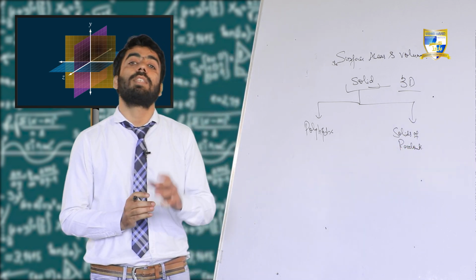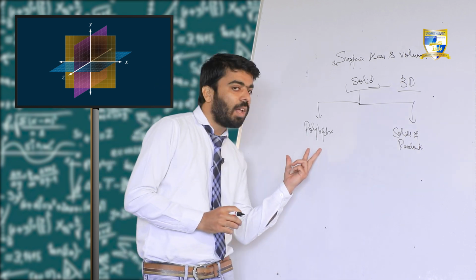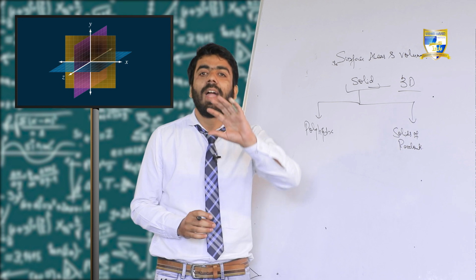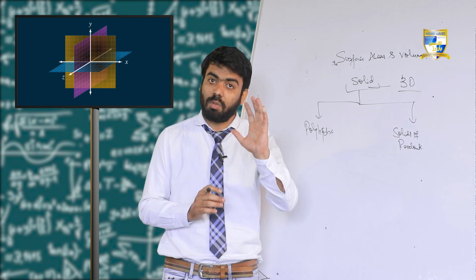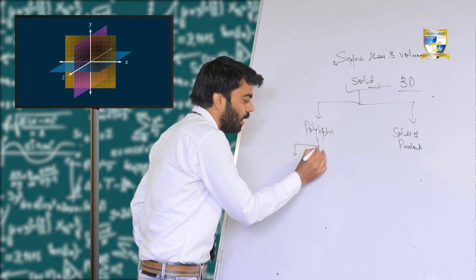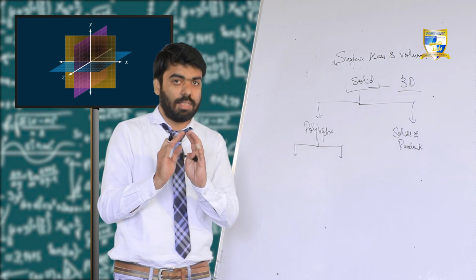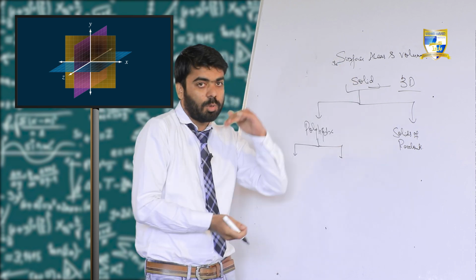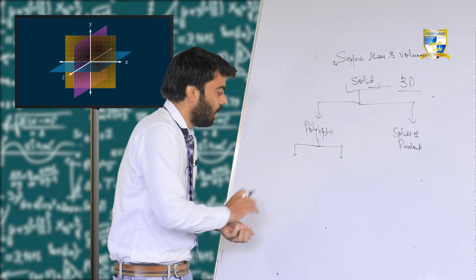Polyhedra. The question is, what is a polyhedron? Polyhedra are those 3D objects which have corners and edges. Polyhedra are covered up to the class 10th level. I'm teaching class 10th, so I will teach only up to the level of 10th class.